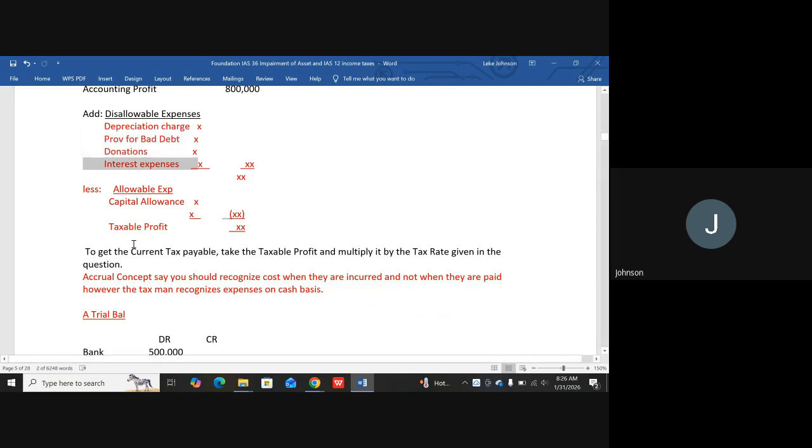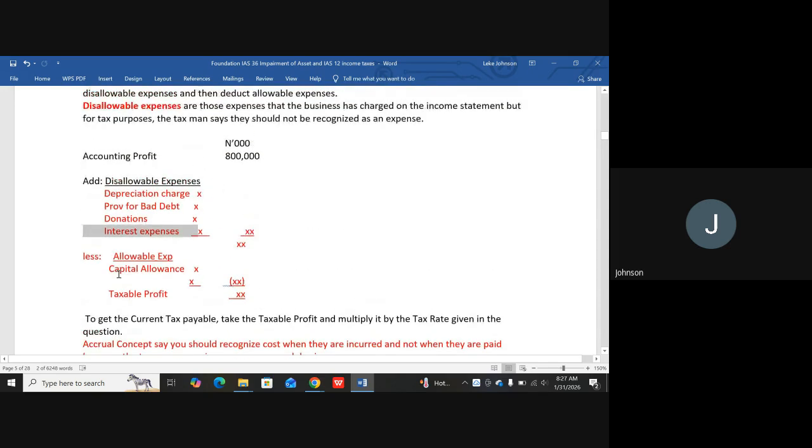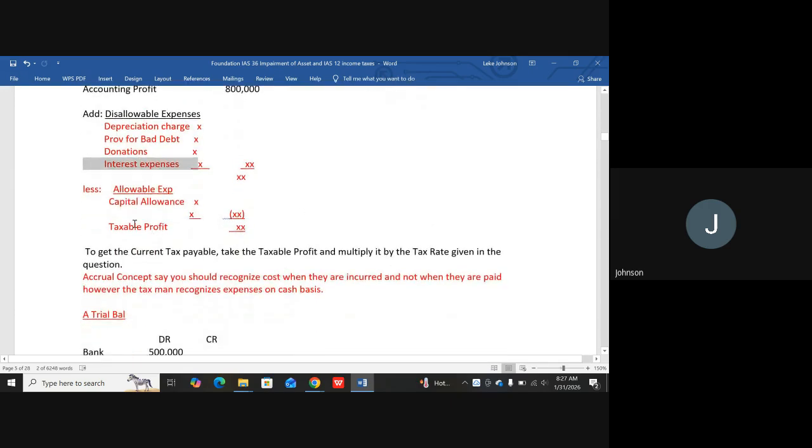So when you are trying to get your taxable profit or your current tax, you simply get your taxable profit by going through all this route. Once you get your taxable profit, you now say your current tax equals your taxable profit multiplied by the tax rate. So let's do that here.